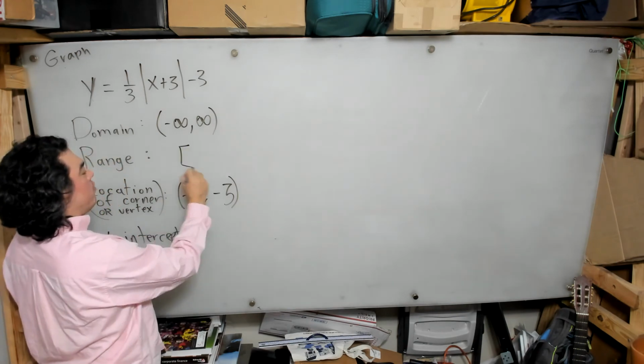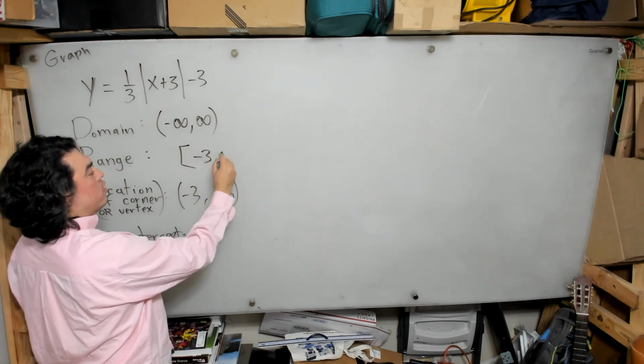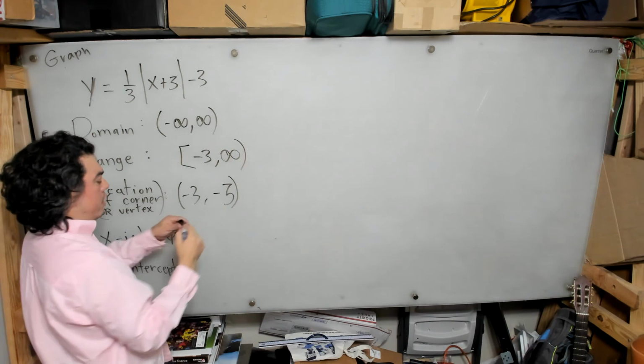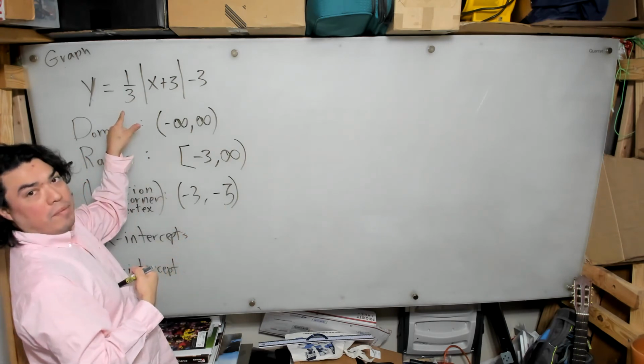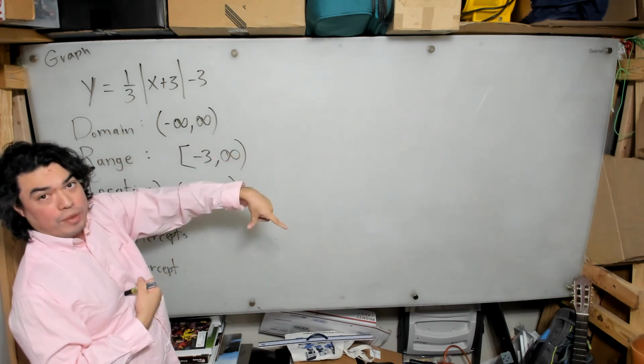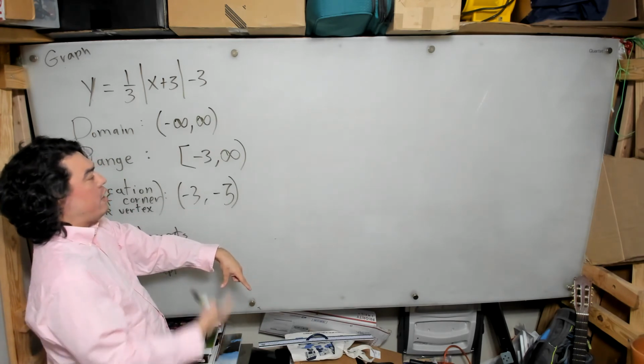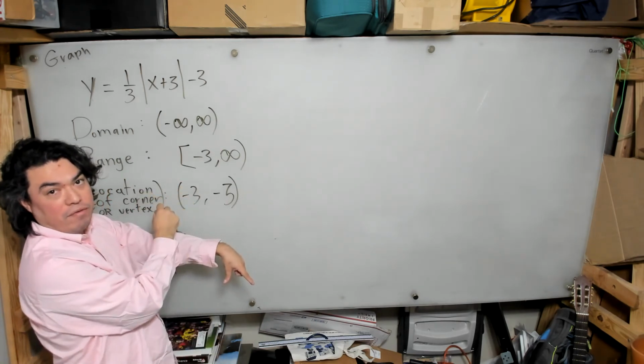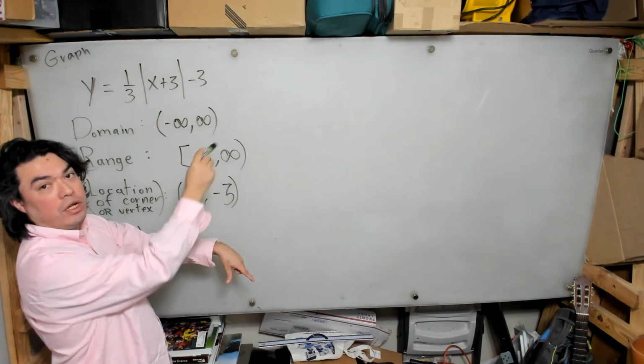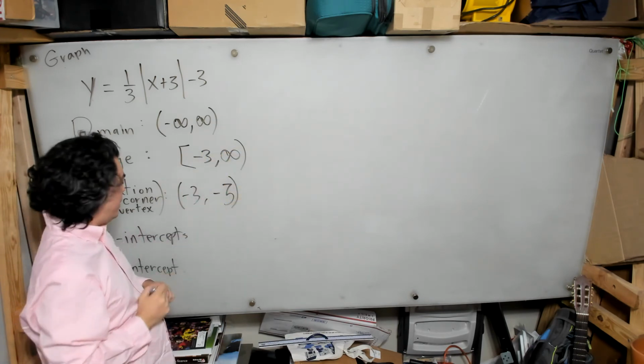It will go from negative 3 to infinity. If this 1/3 had been negative, that would have indicated it opens down. That would have turned this y value into a maximum, and the range would have been from negative infinity to negative 3, with the close bracket on the negative 3 side.